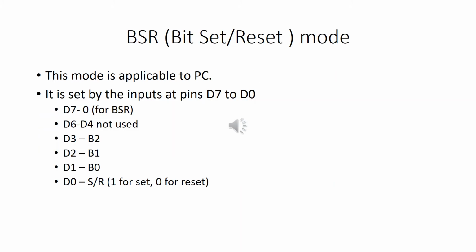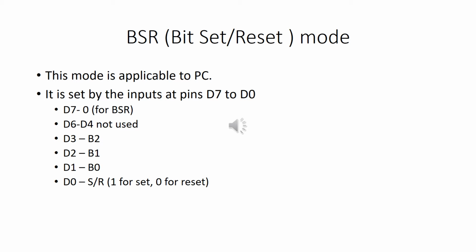Now let us see how to use the BSR mode. This mode is applicable to PC. When we use BSR mode, the bits D7 to D0, the data pins, are used as the control register. So D7 will be equal to 0 so that we can use BSR mode. D6 to D4 are not used.